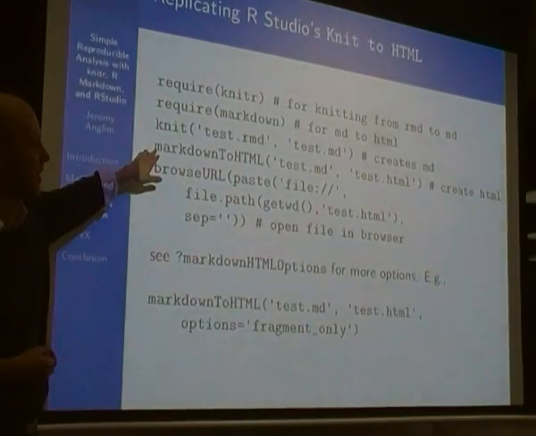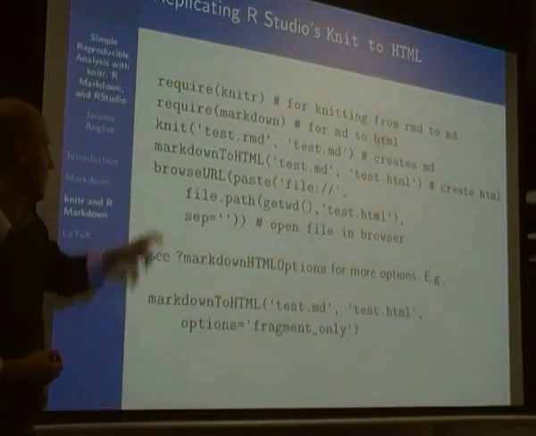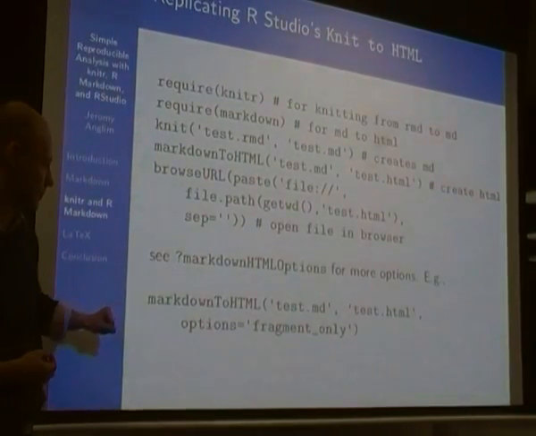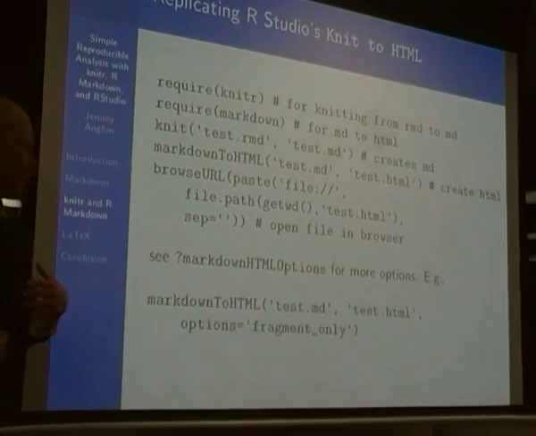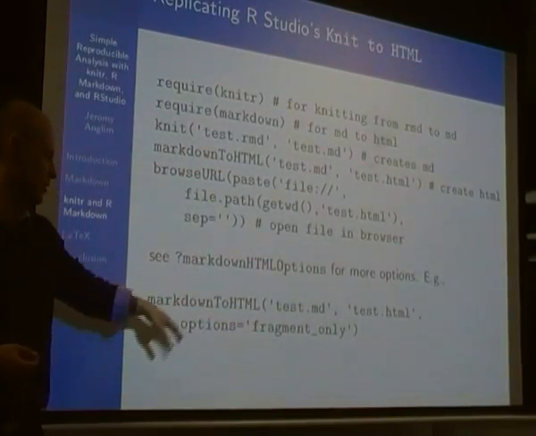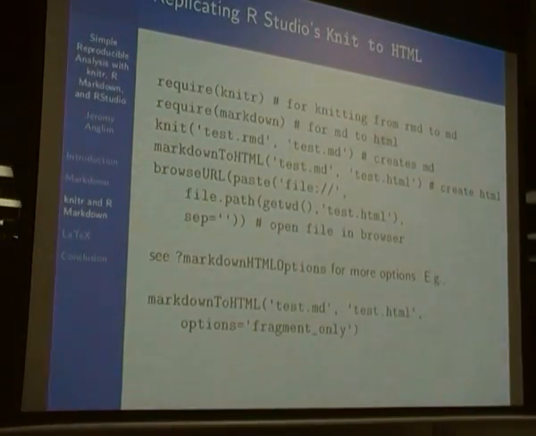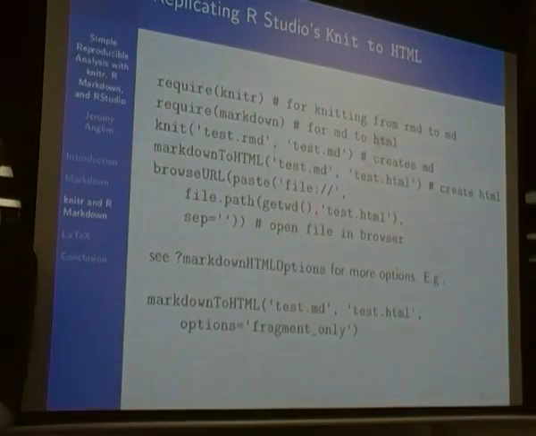You can then, this is a Markdown function, convert it to HTML, and dare I say, you could even open it in a browser. And as I say, if you only want to output a fragment, or you want to specify some other options, then you can use this Markdown to HTML options argument to change the exact display.